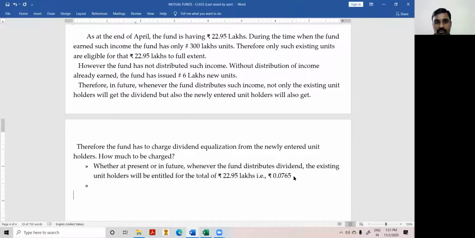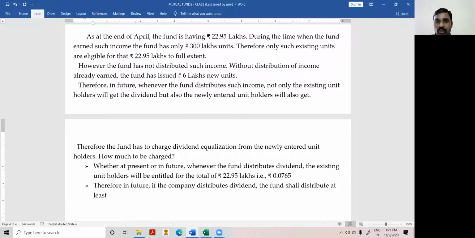Therefore, in future, if the company distributes dividend, the fund shall distribute at least rupees 0.0765 per unit to the existing unit holders.